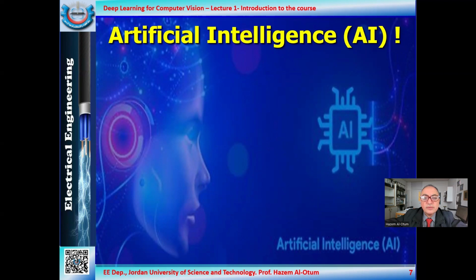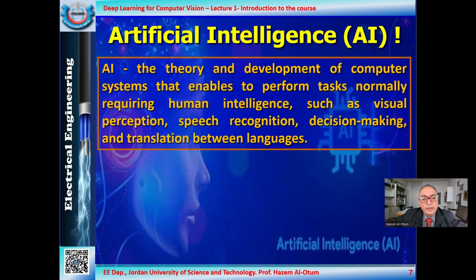Now, if we talk about artificial intelligence, the second part of our pillars, which is AI. What is AI? AI is the theory and development of computer systems that enable them to perform tasks normally done by humans. What does that mean?